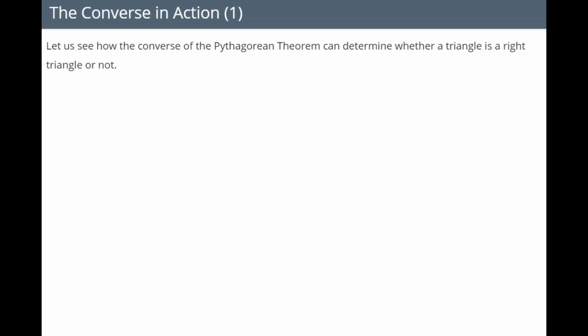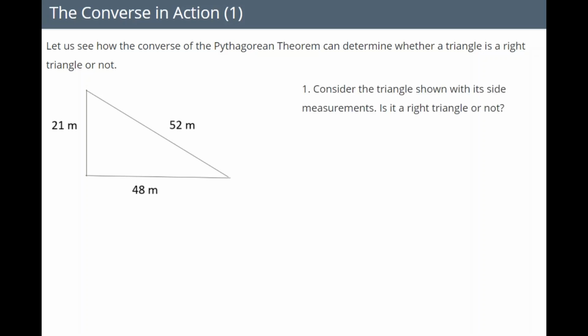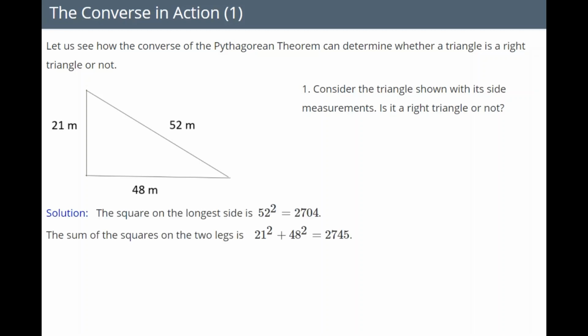Let us see how the converse of the Pythagorean theorem can determine whether a triangle is a right triangle or not. So, in the first case, consider the triangle shown with its side measurements. Is it a right triangle or not? Well, the square on the longest side is 52 squared, and that comes out to 2,704.